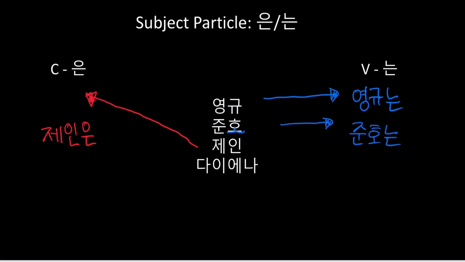What about Diana? It ends in a vowel. So Diana is going to be 다이애나는 when we're constructing the first part of our sentence with the subject.